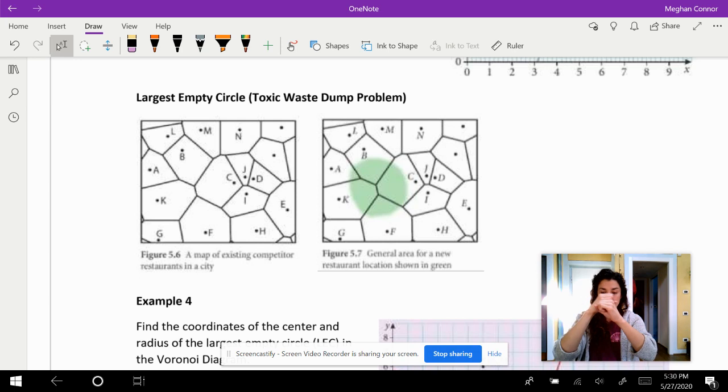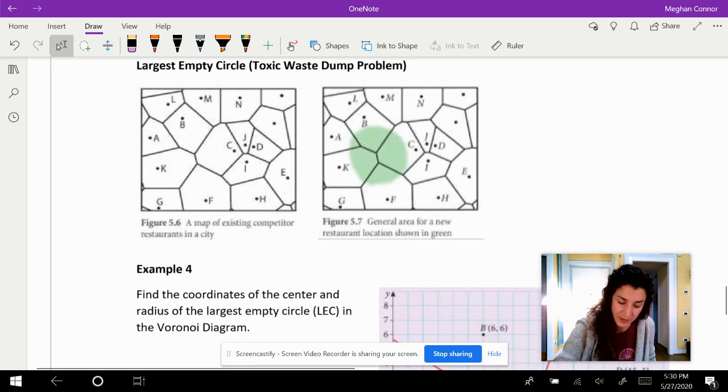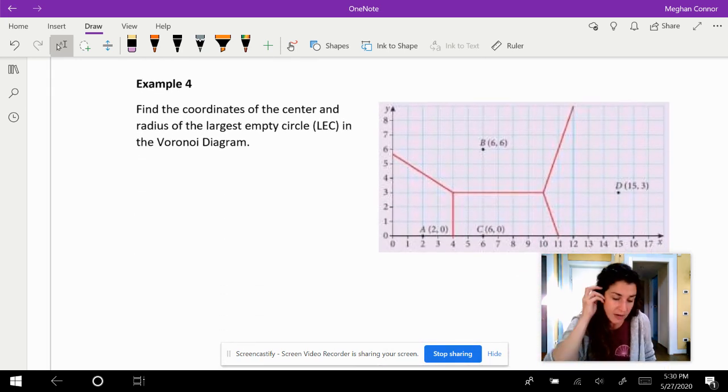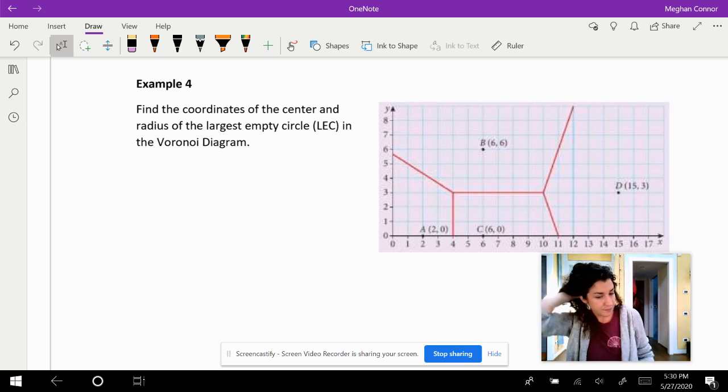So you start at one of those vertices and you build the bubble out until you hit another site, as you can see with the green circle. So find the coordinates of the center and the radius of the largest empty circle, LEC, in the Voronoi diagram.